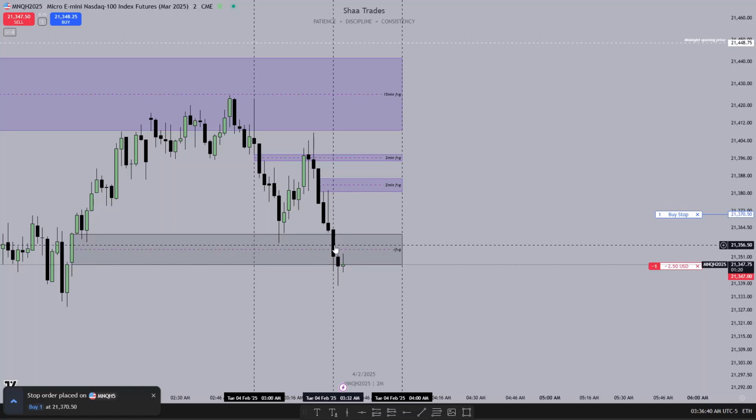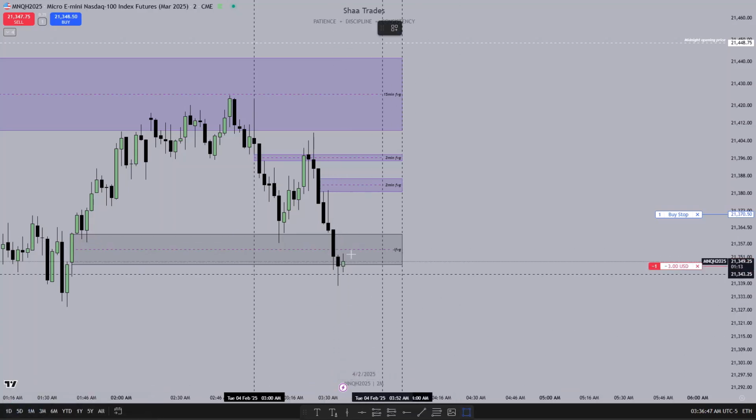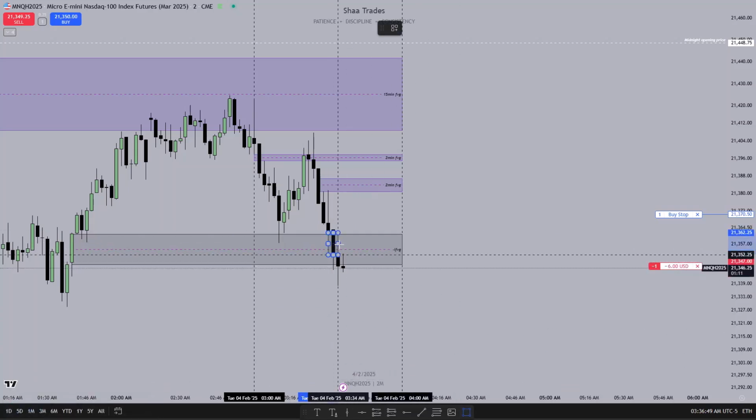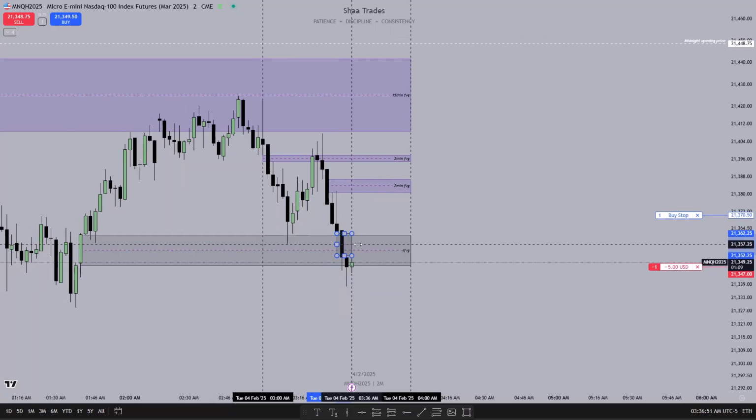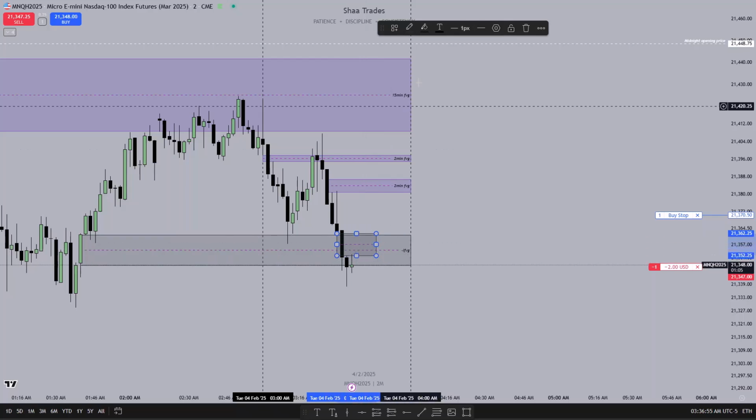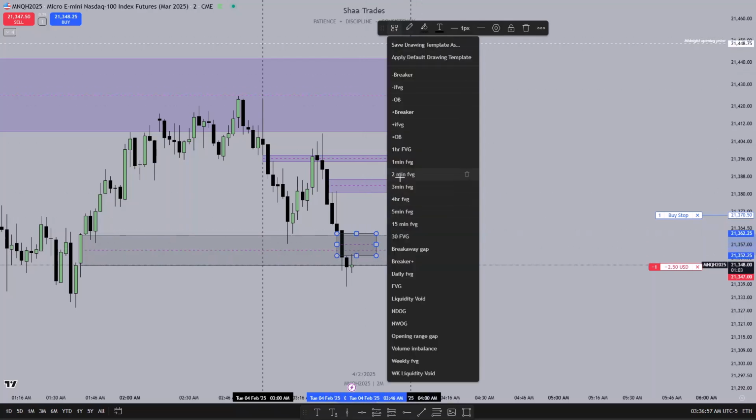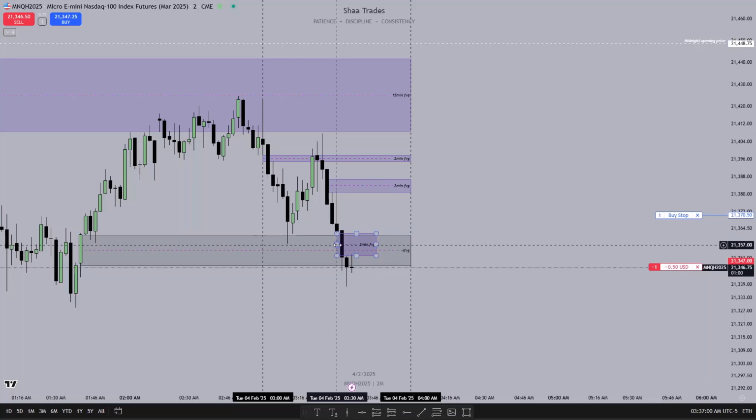I want to see if it wants to trade up here. I want to see it stay in this here. So we could draw that out. Chart's a little bit cluttered, but just want to show that here. Just the 2 minute fair value gap.